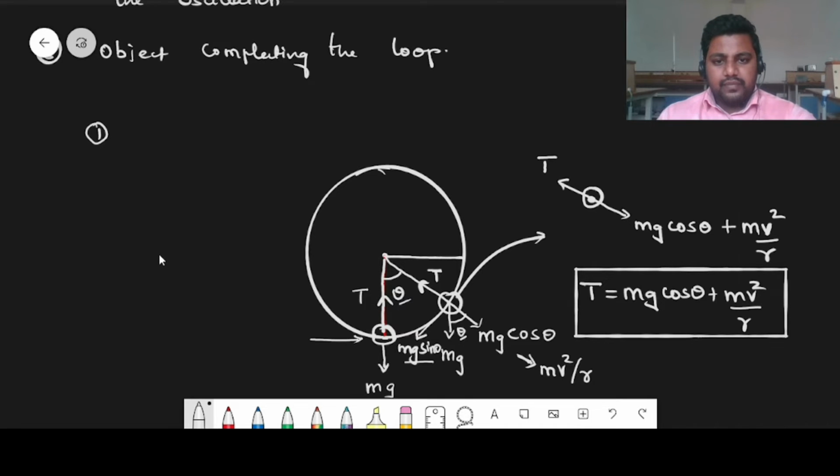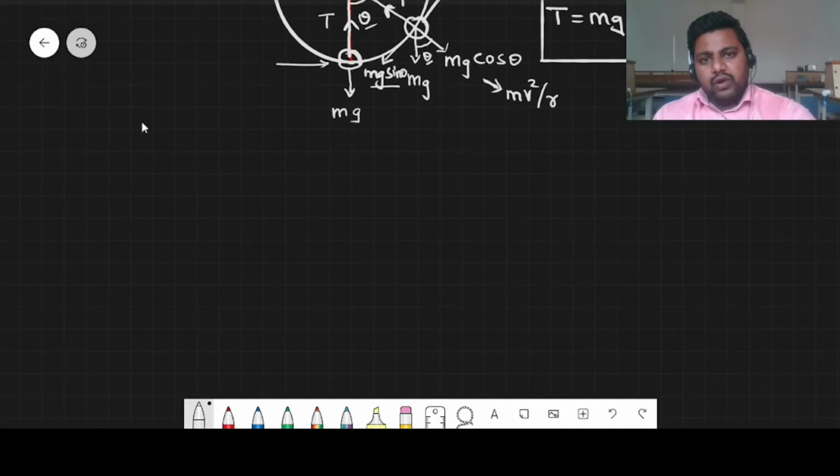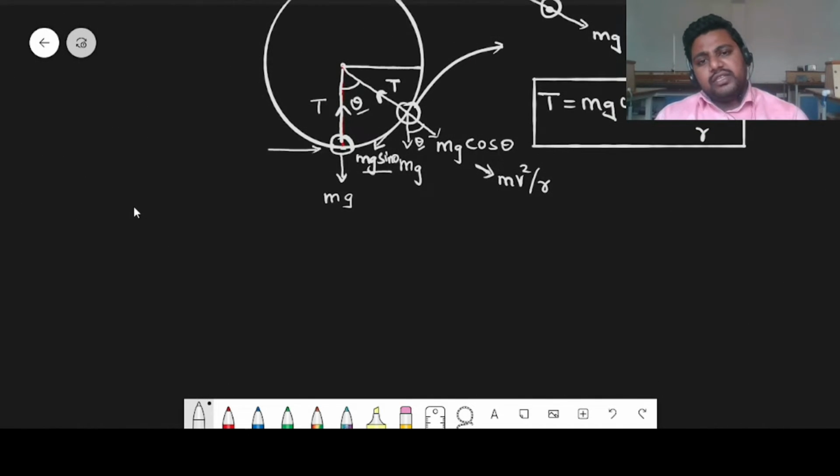Now, since we know the value of tension, we have to understand what the velocity is. It is not necessary that it is always going to complete the circle. Whatever velocity we are giving at the initial point, let's say you consider this one as point A and this one as point B. We should be giving initial velocity VA so that it might reach point B. Now we have to analyze what initial velocity you should give so that it will be oscillating in that particular circle.